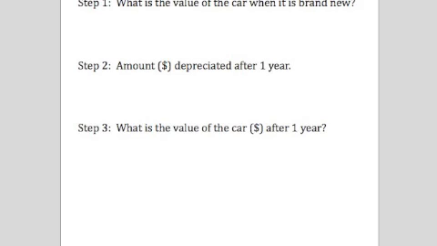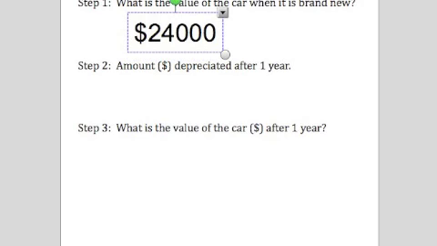Step 1 asks you, what is the value of the car when it is brand new? The value of the car when it's brand new is $24,000. Step 2 asks you the amount that is depreciated after 1 year. We need to do some calculation for this step.